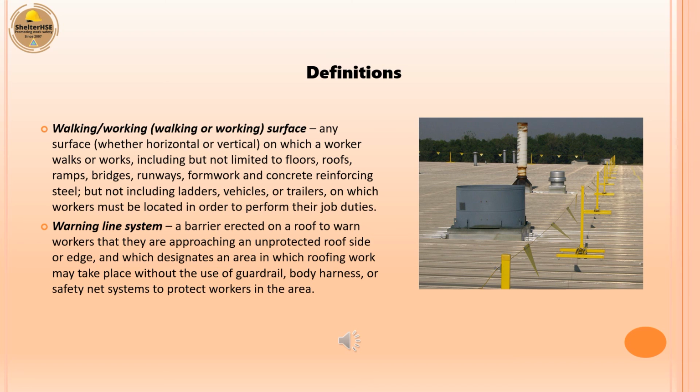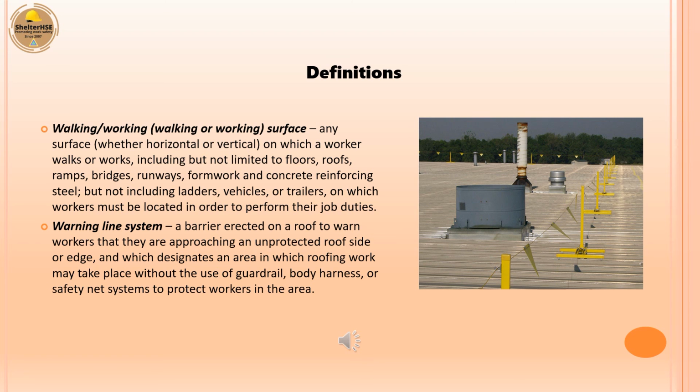Warning line system: a barrier erected on a roof to warn workers that they are approaching an unprotected roof side or edge, and which designates an area in which roofing work may take place without the use of guardrail, body harness, or safety net systems to protect workers in the area.